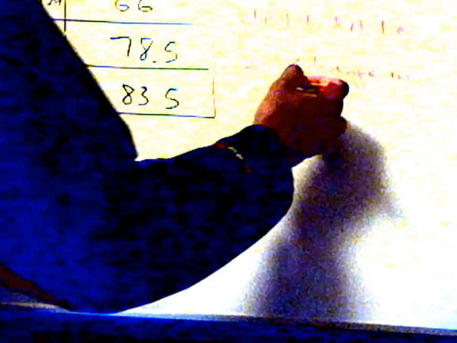Unit rate is equal to change in one value divided by change in the other value.